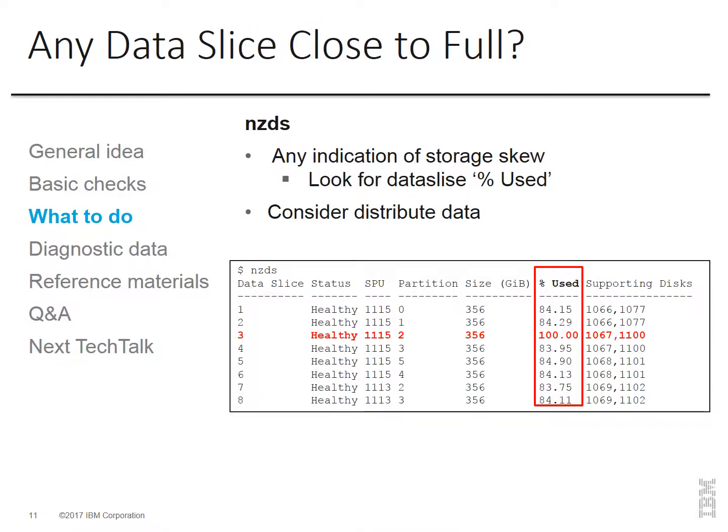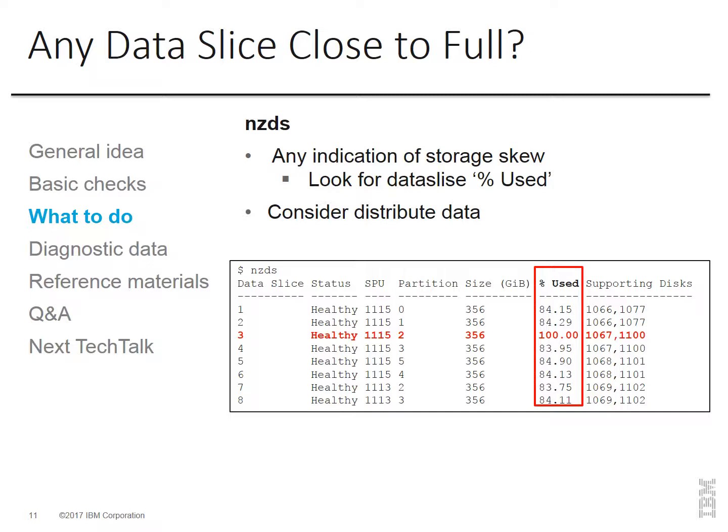Data distribution and performance are interrelated. A storage skew is the result of bad distribution. In a PDA environment, to get the best performance, it is essential that every data slice performs the same amount of work when executing a query, because a query completes only when all the data slices have completed their part of the work.